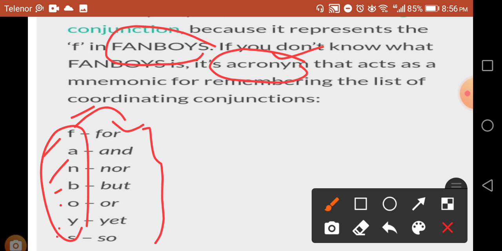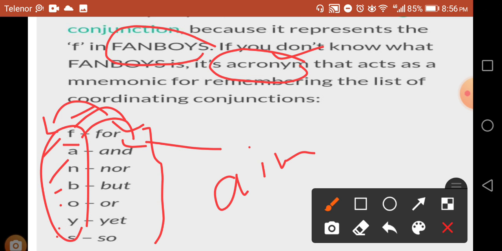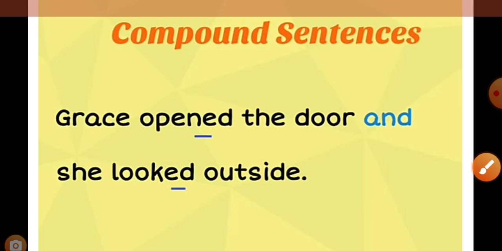So an acronym is a kind of abbreviation, but it is also a complete word. Like F is a letter, a kind of abbreviation, but it stands for 'for', which means aim or purpose. Now let's move on.